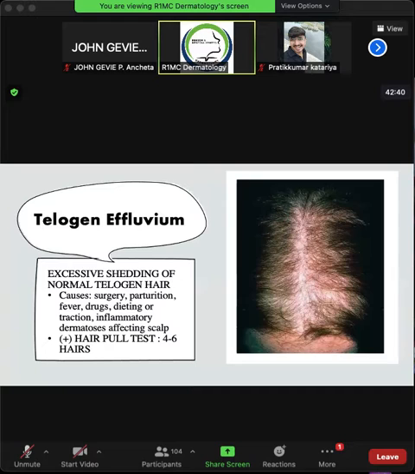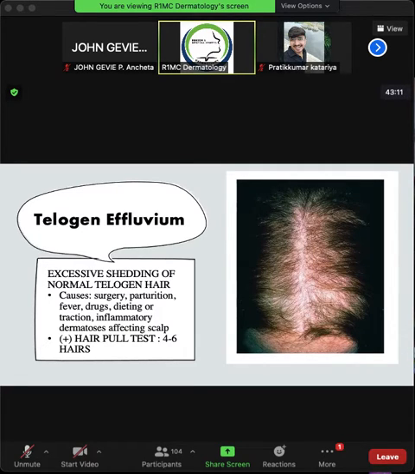Next is your telogen effluvium. It presents with excessive shedding of normal telogen club hairs, and this excessive shedding most often occurs 3 to 5 months after the premature conversion of many anagen hairs to telogen hairs induced by surgery, parturition, fever, drugs, dieting, or correction.